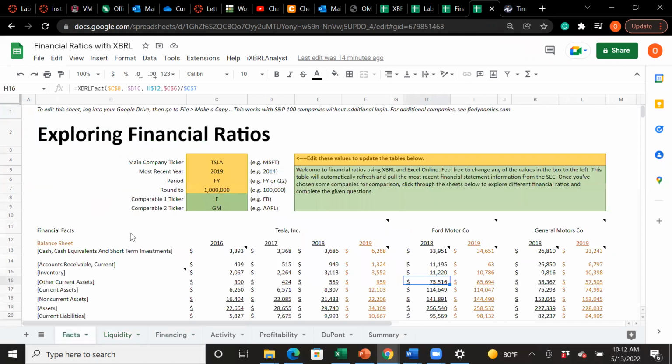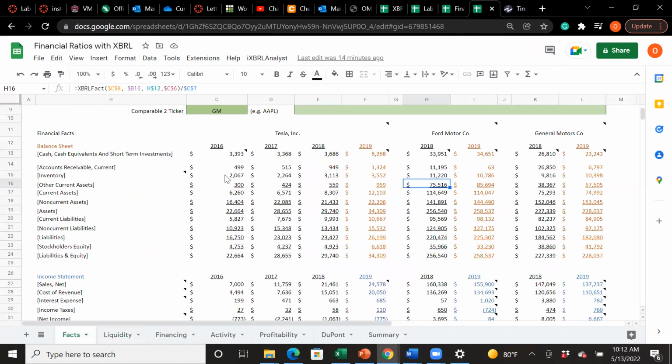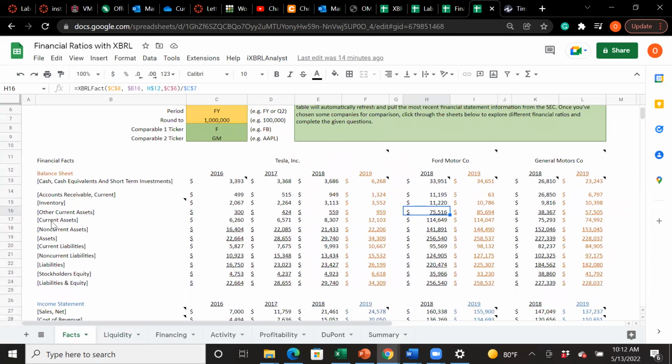And so if we look over here at Tesla current liabilities, we can see there was an increase for sure.